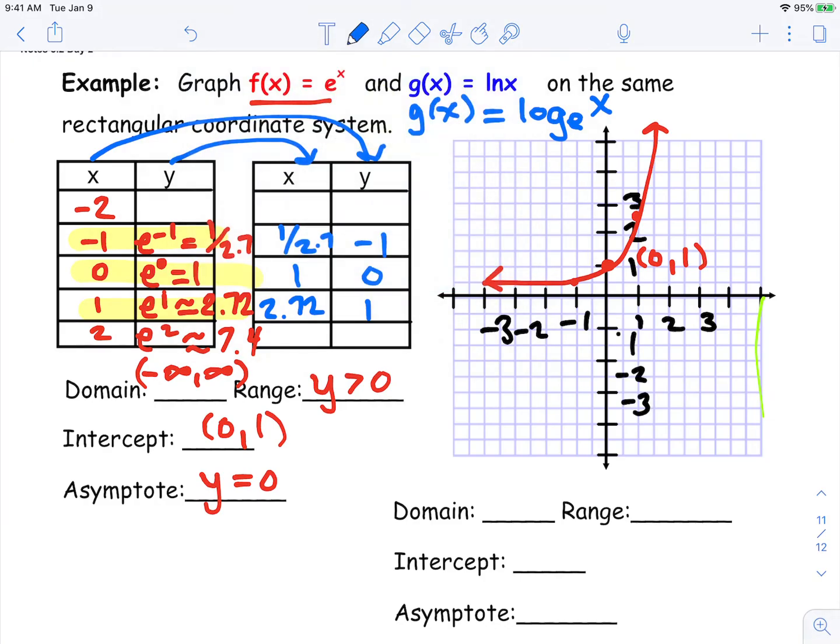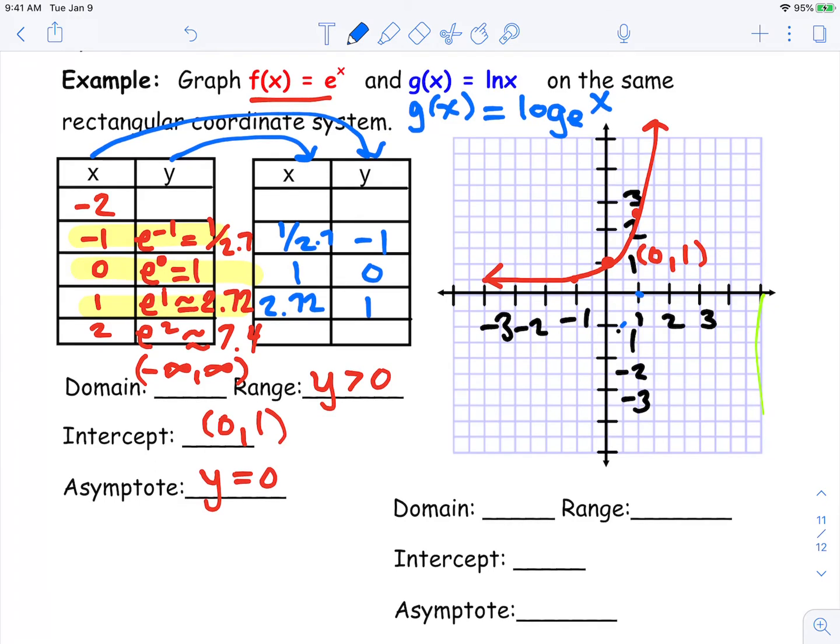All right. So we're going to go over 1/2, down 1, over 1, up 1, over 2.72, up 1. So here's what that graph looks like.